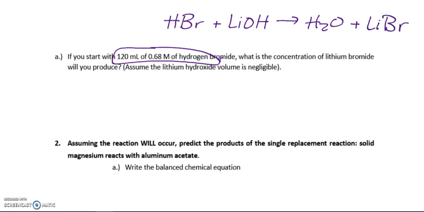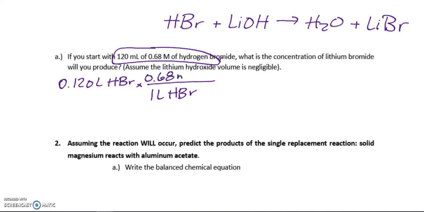So if you are given 120 milliliters of 0.68 molar hydrogen bromide, you're given 0.12 liters, and in every 1 liter of hydrogen bromide, there's 0.68 moles, just like the test you took, just revisiting the past. So now you're in terms of moles of hydrogen bromide. Once you get your only unit left over to be moles of something, then you can start doing stoichiometry.